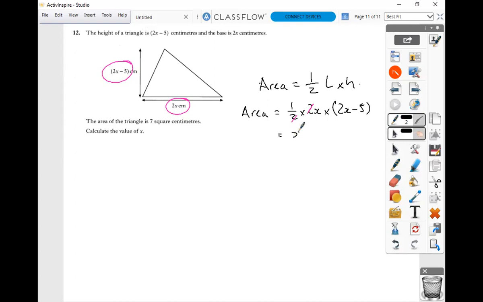So we'll be left with x, 2x minus 5. 2x squared minus 5x. Okay, so we've got an expression for the area.